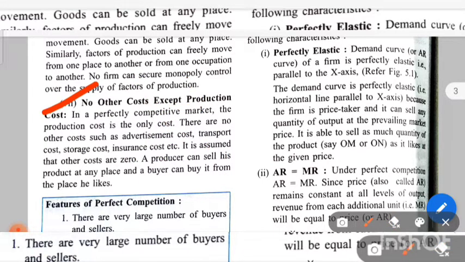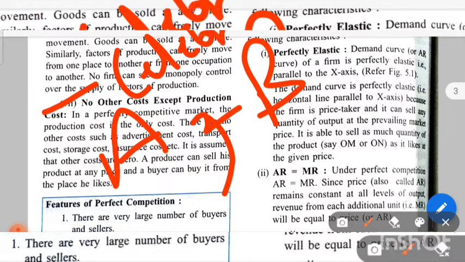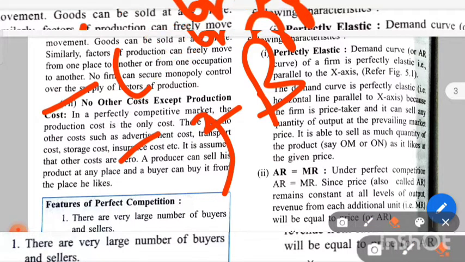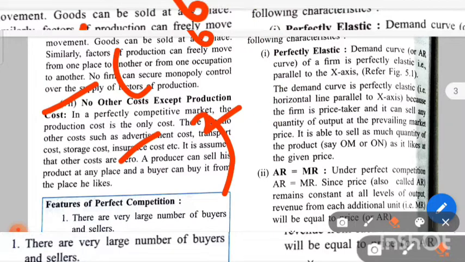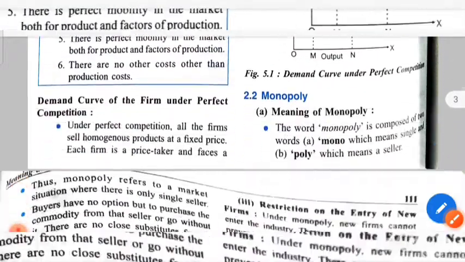A will charge a different price, B will charge a different price, because A is hiring a celebrity and B is hiring a normal person. So this will affect the perfect competition situation. As we have already discussed, in perfect competition you cannot set the price on your own, you have to be a price taker. So for this, they cannot include any cost in their product except production cost. Okay, this is what you have to do.